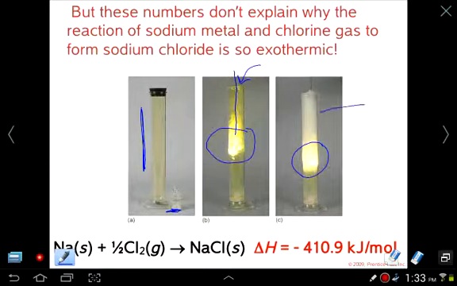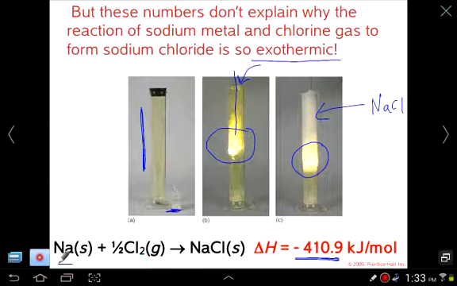And this powder actually is salt. You're forming sodium chloride. So quite a bit of energy is released. It's highly exothermic. In fact, the delta H is negative 410.9 kilojoules per mole, which is significant. So the reaction of sodium with chlorine is very exothermic.